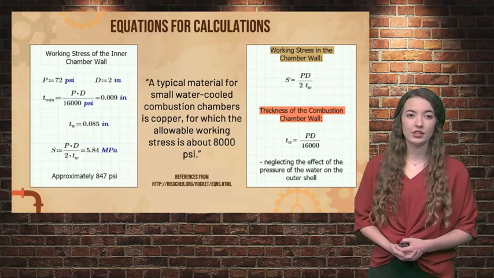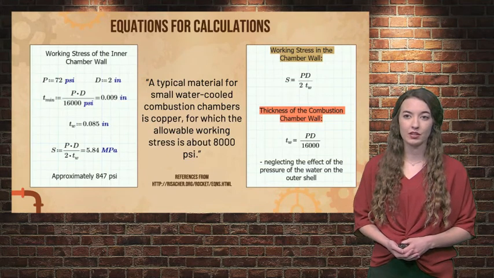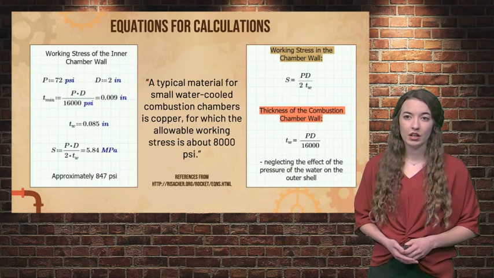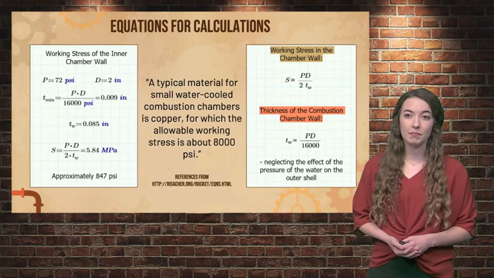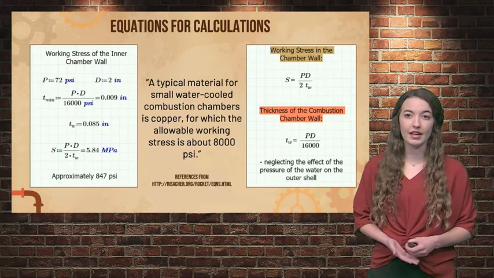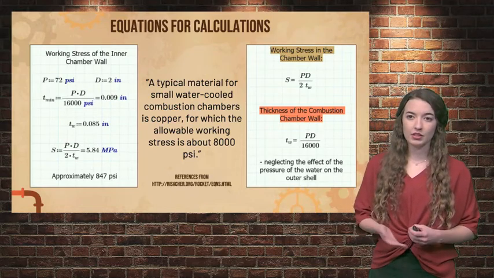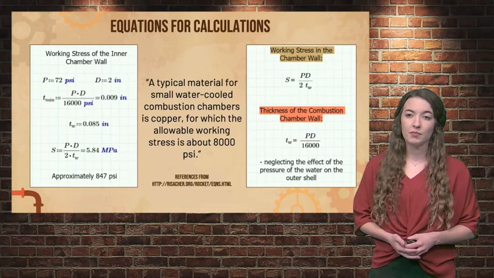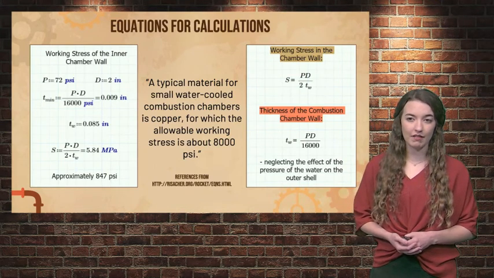Another important consideration in moving forward with our project is to make sure that the thickness of our pipe wall was able to handle the stress that would be occurring due to the pressure of the combustion. So we took the pressure it was experiencing, which is 72 psi, and plugged it into the minimum thickness equation that we found, and that came out to be 0.009 inches, which is obviously much less than the pipe thickness we ended up choosing of 0.085 inches.